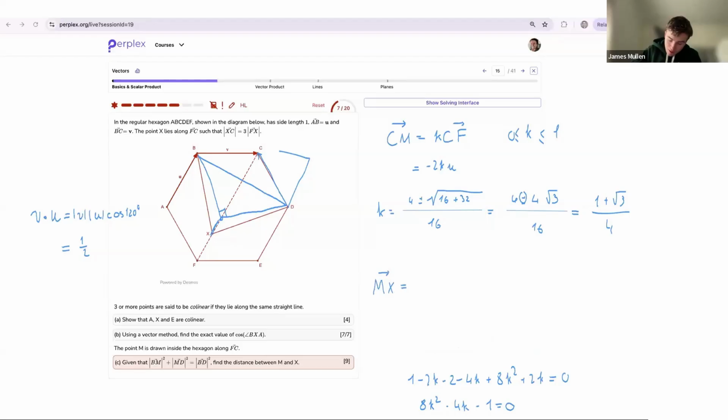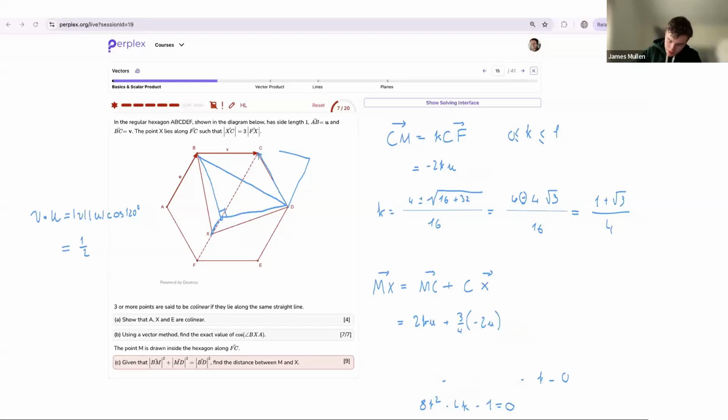I can go from M to C, and then from C to X, right? So this is going to be 2KU because I flipped the sign of that for MC. I'm going backwards. And then CX is 3/4 of the diagonal, so it's plus 3/4, and the diagonal is negative 2U.